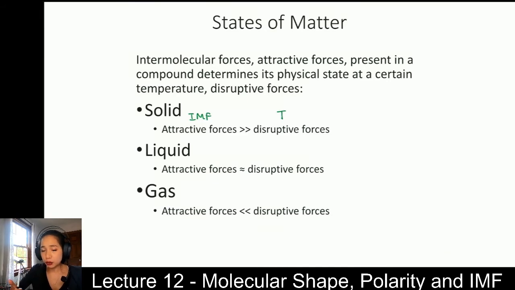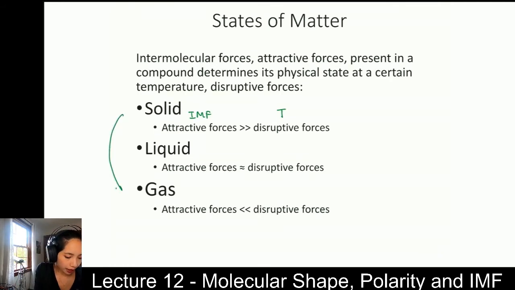You'll have to really up the temperature of your solid sample to turn it into a liquid or a gas. Think of ice, water in a solid form, at a cold temperature. We've lowered the disruptive forces, so the attractive forces of the water molecules can come together and form your ice block.